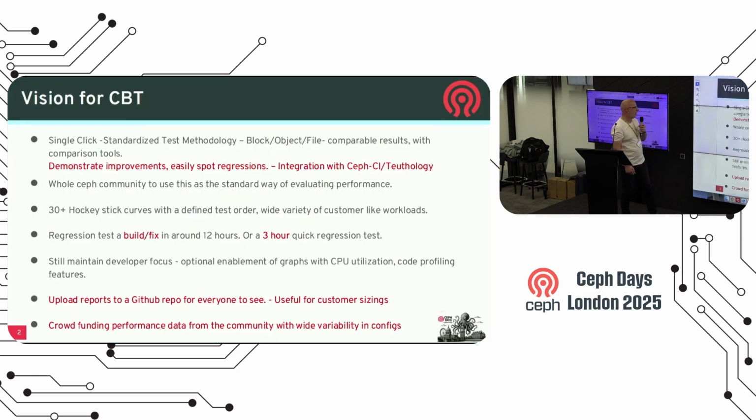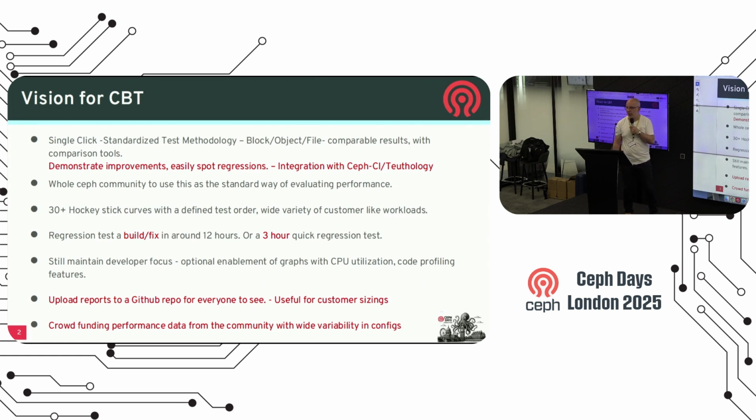The vision for CBT is to produce a single click standardized test methodology across block, object, and file with comparable results in a repeatable and deterministic way, and also provide comparison tools so you can take one Ceph version and compare it to another Ceph version.